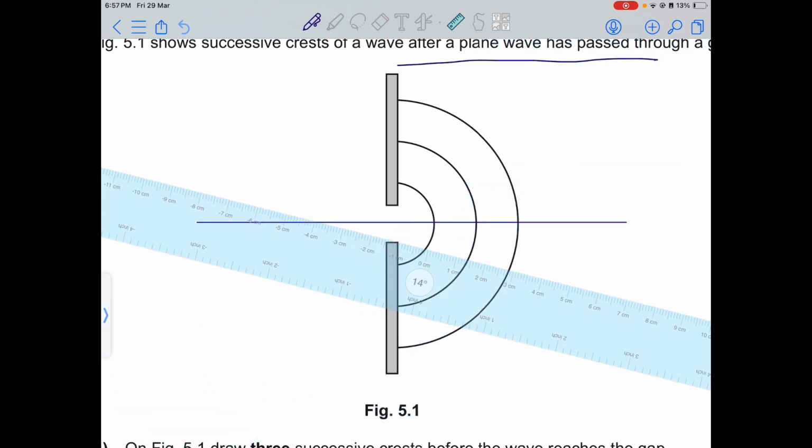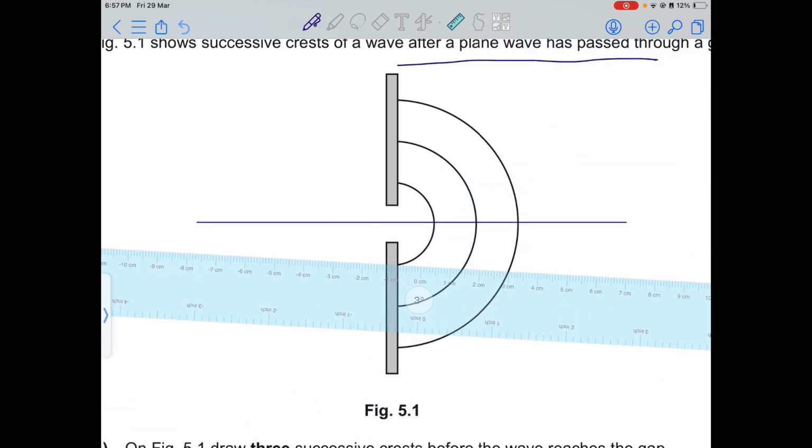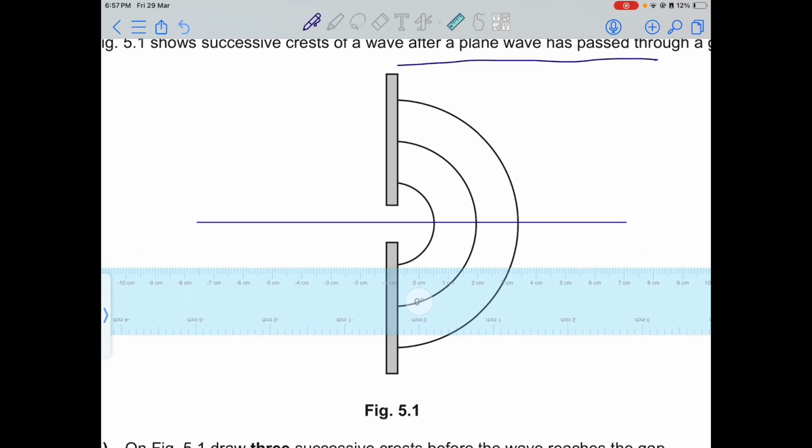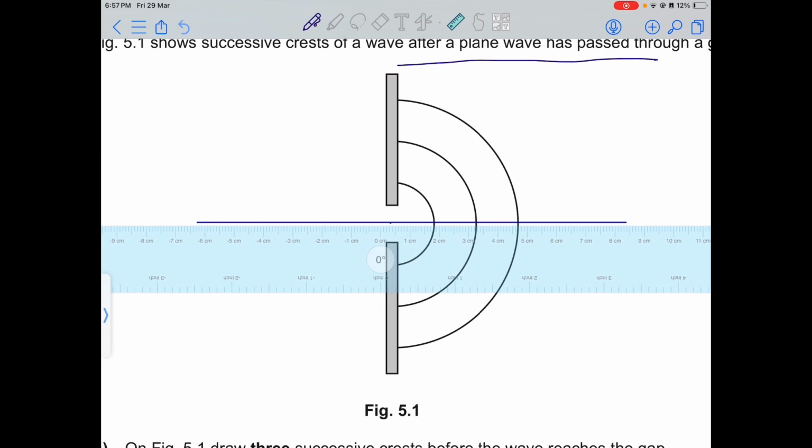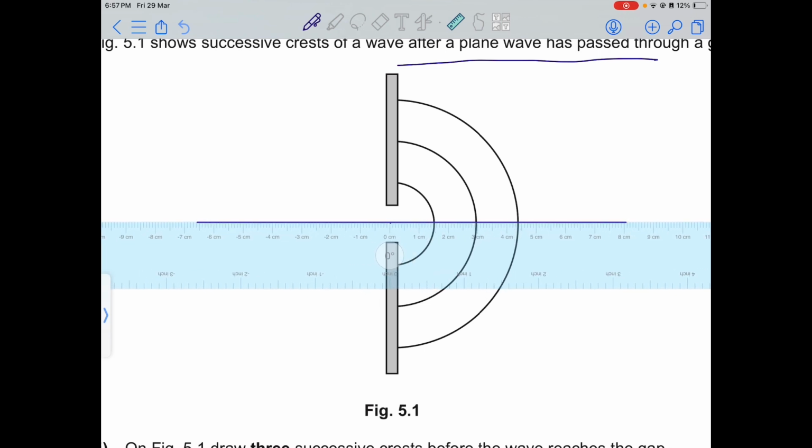Then I would need to basically mark the center of this. The center of this would be, let's say, 1.4 as well, so not there. Okay, this is a bit difficult on the device, but yeah, I bet you guys can do it. 1.4, yeah. Then from 1.4 I would need 0, and then negative 1.4.